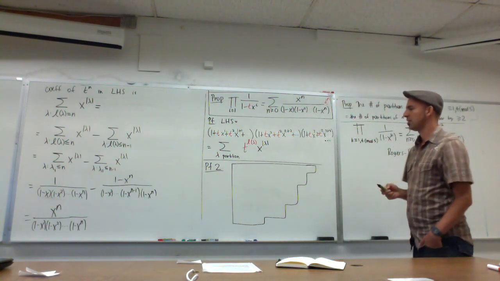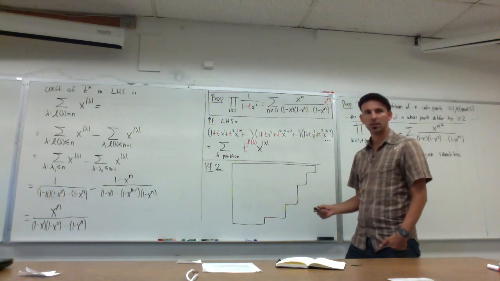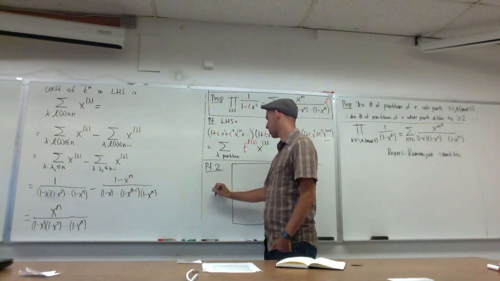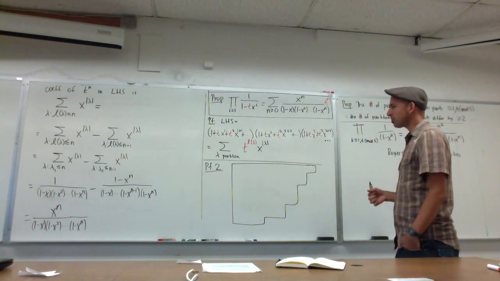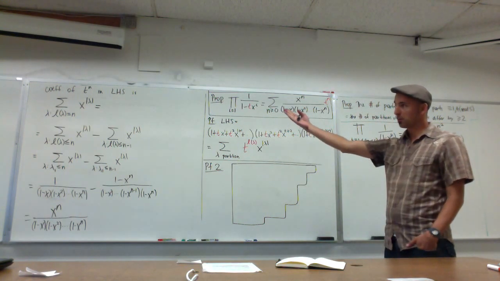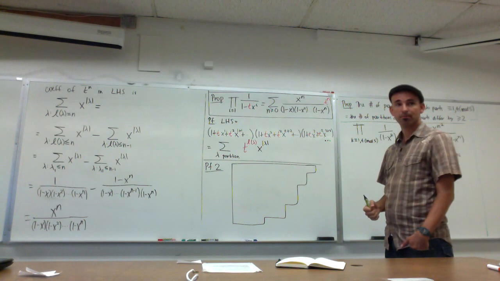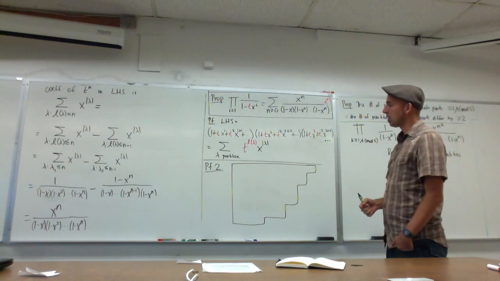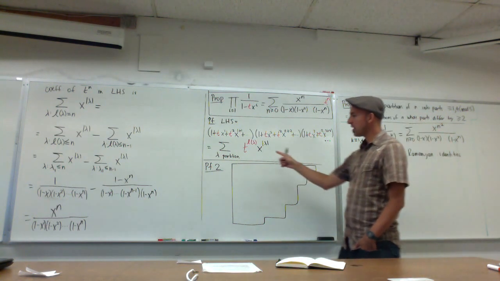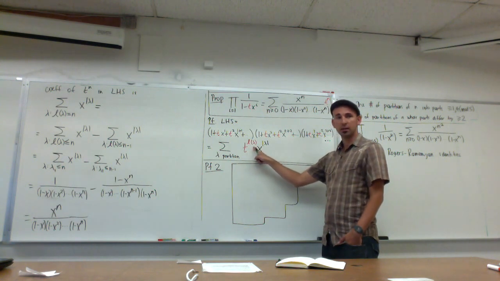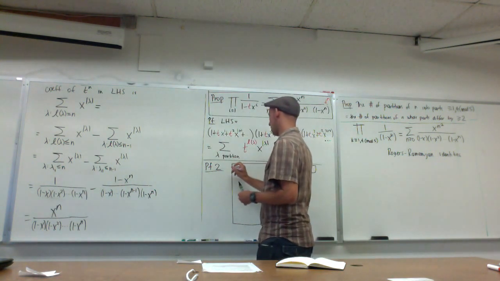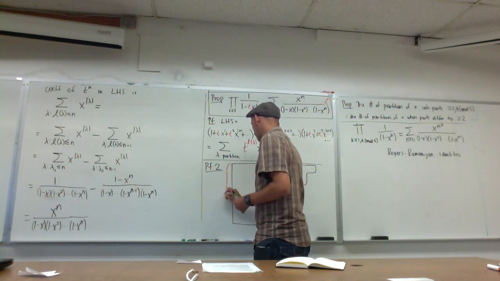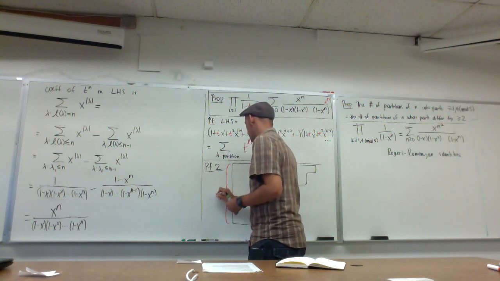I'm counting all the partitions that look like this. Okay? And let's say that I want to figure out what the coefficient of t to the n is. So if I want t to the n, that means that the length needs to be n, which means that the number of parts, which is the number of rows, should be n.